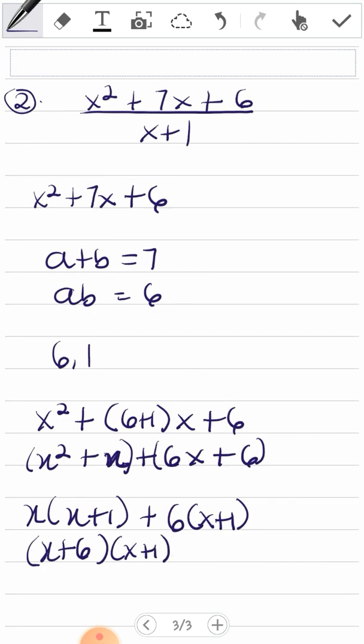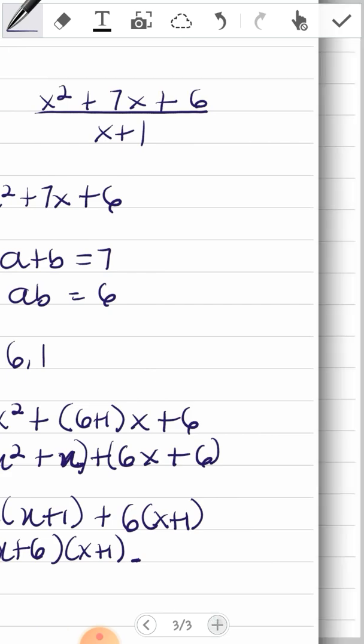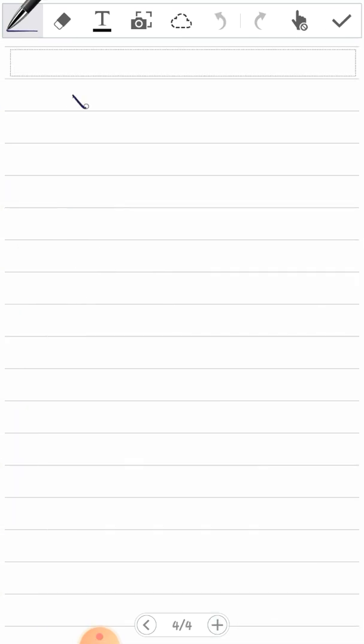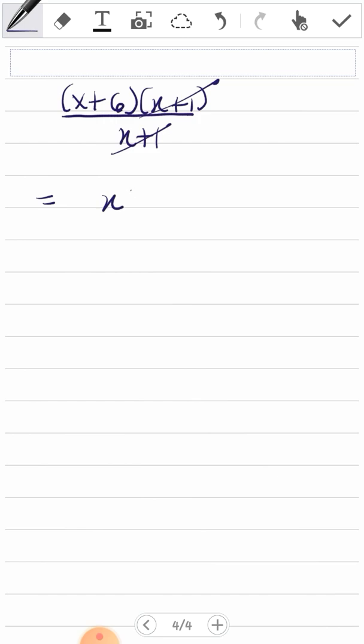So I'm done with the numerator. This is what I'm going to get: x plus 6 times x plus 1, and everything was divided by x plus 1. Here we can easily cancel out x plus 1 with x plus 1. Now we are going to get x plus 6 as our final answer.